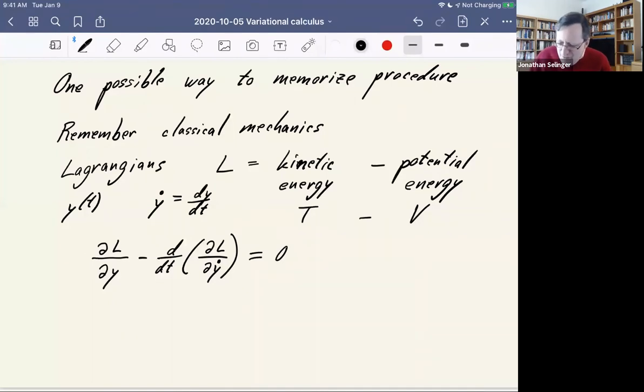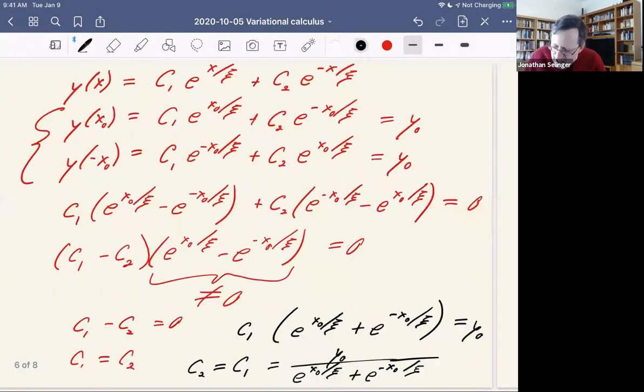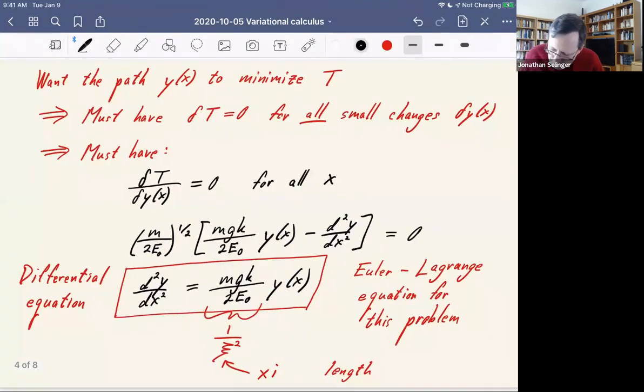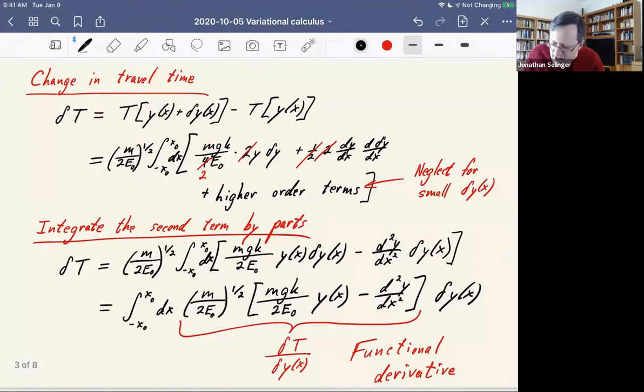If this equation is familiar to you, then I will point out that this equation looks just like what we just did. The first part of the variation that we're doing here is like the dL/dy part.